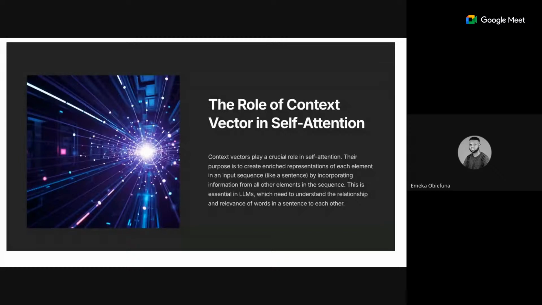When you compute the attention weight of each and every individual token in your input sequence with respect to a particular token of interest, the current token you are working with, this gives you the context vector for that specific token. So this context vector is simply what helps us understand the importance of words in our sequence with respect to itself, as well as each and every other token in your input sequence.